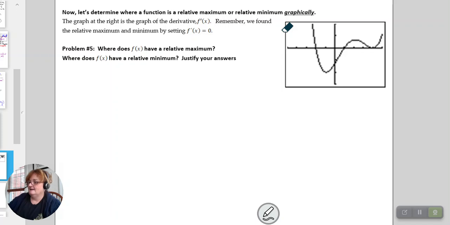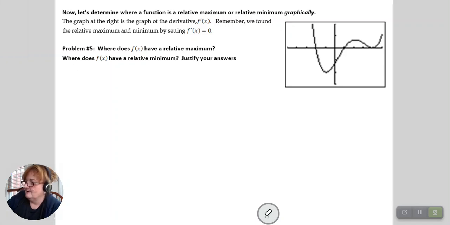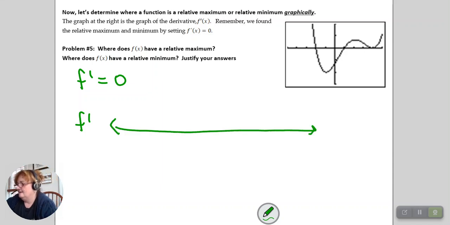If you're like, what number line? Remember, critical values, where does f prime equal 0? Make me an f prime number line. And based on how you mark up the f prime number line for signs of f prime, tell me where f would have mins or maxes. Okay? So pause now. Maybe try that.